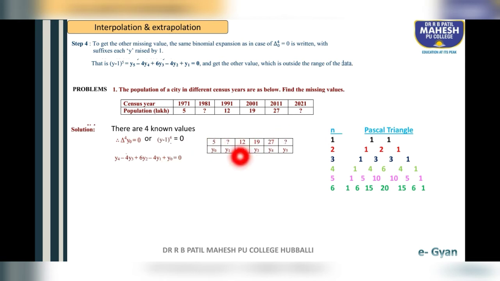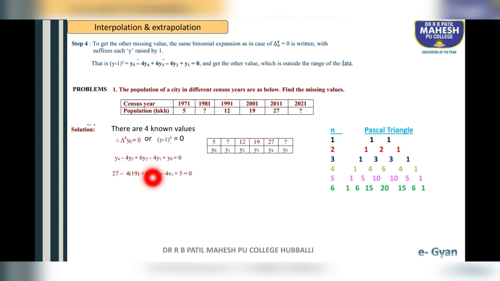Students, these are the x values and these are the y values. It is y0, y1, y2, y3, y4, y5. Here you have to find the missing values of y1 and y5. Using equation 1, here you have to estimate the value of y1. So now you substitute the values, students.